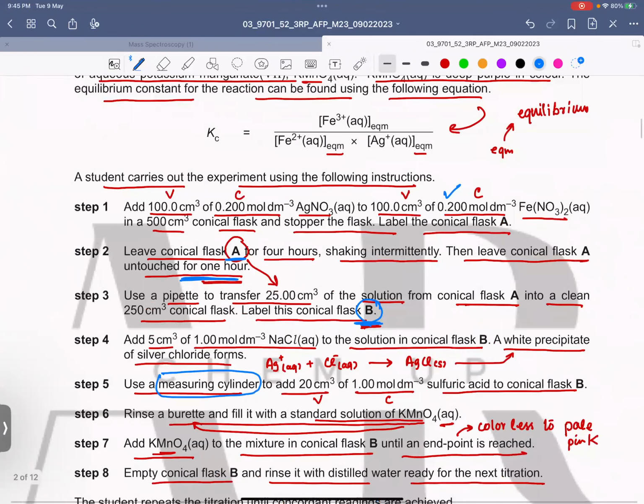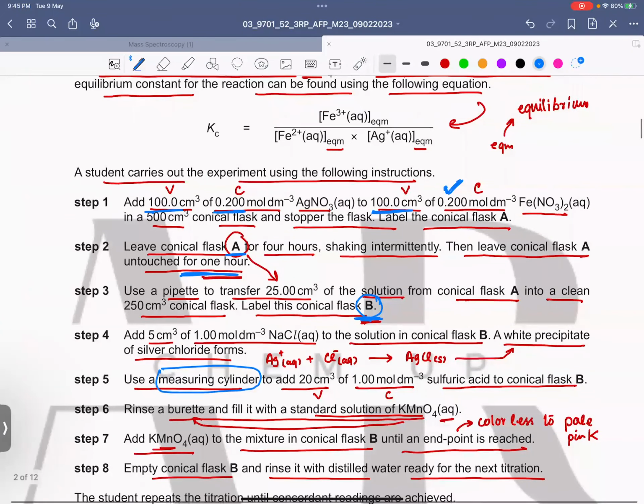the initial concentration is 0.2 and its volume is 100 centimeter cube, and we have mixed that volume with 100 centimeter cube of silver nitrate as well, right? And the concentration of the silver nitrate is 0.2.